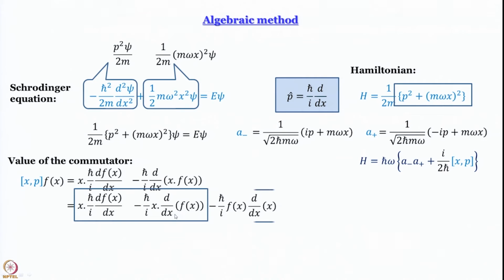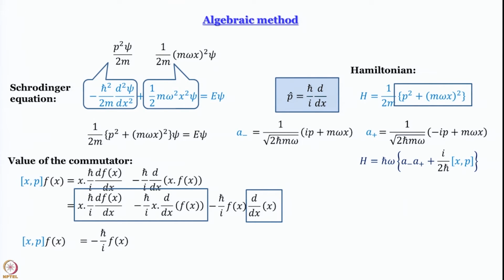And in the third term, what is d/dx of x? That is the easiest question one could ask. d/dx of x is obviously 1. So these first two terms give you 0, and in the other term this factor becomes 1. So you are left with minus h cross by i f(x), right.